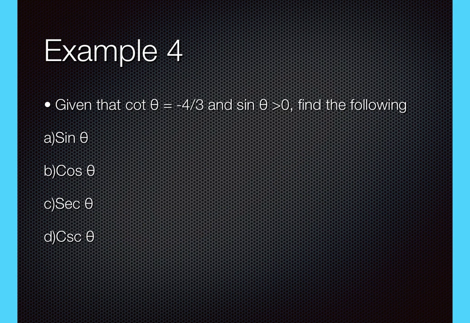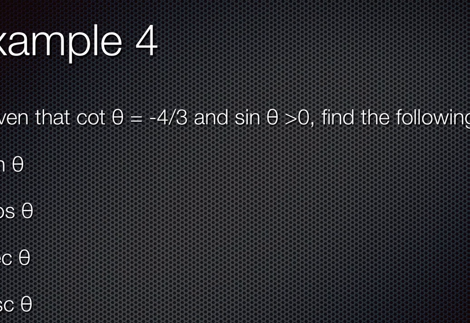All right. Example 4. Now it's giving you an actual trig function's value. It says given that cotangent of theta is negative 4 over 3 and sine of theta is greater than 0, find the following. So I'm going to draw a triangle, but think about what you need to do first because negative 4 over 3 could be negative 4 over positive 3 or it could be 4 over negative 3.